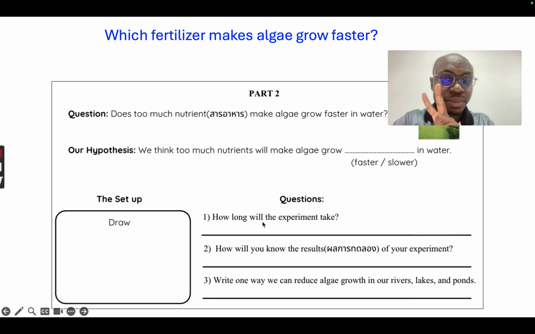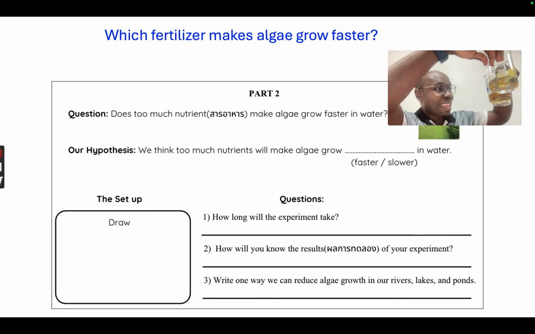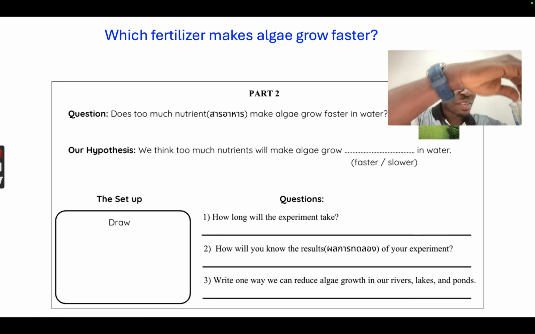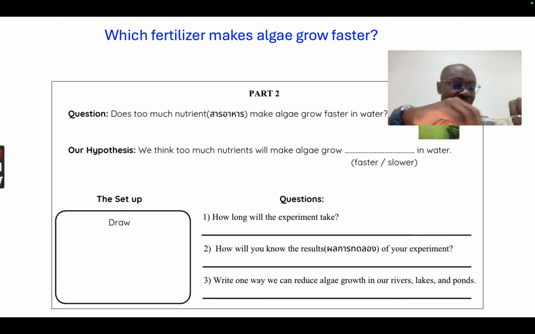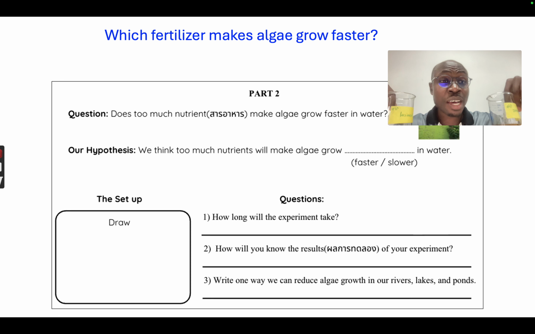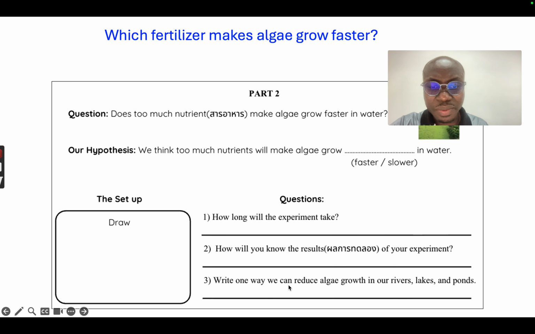It's 2 weeks. Number 2, how will we know the results? Easy. You're going to look and write which one has more algae after 2 weeks. And number 3, write one way we can reduce the algae.